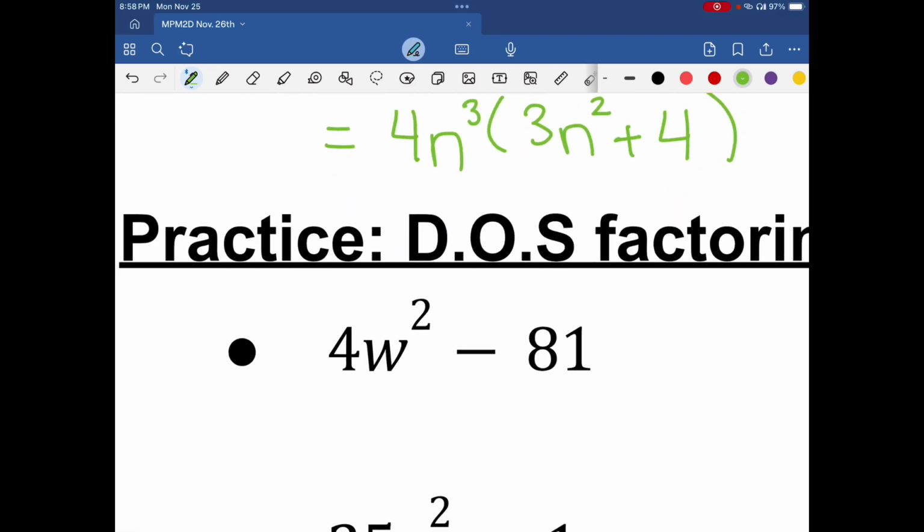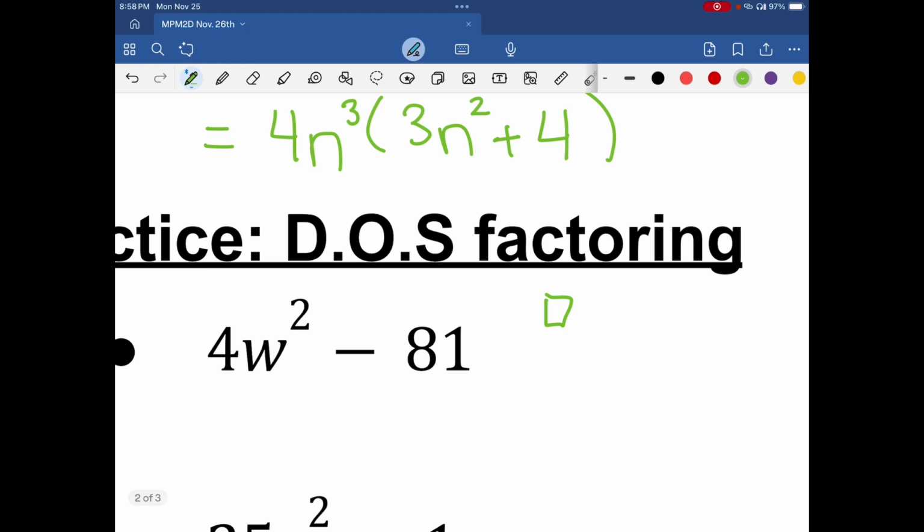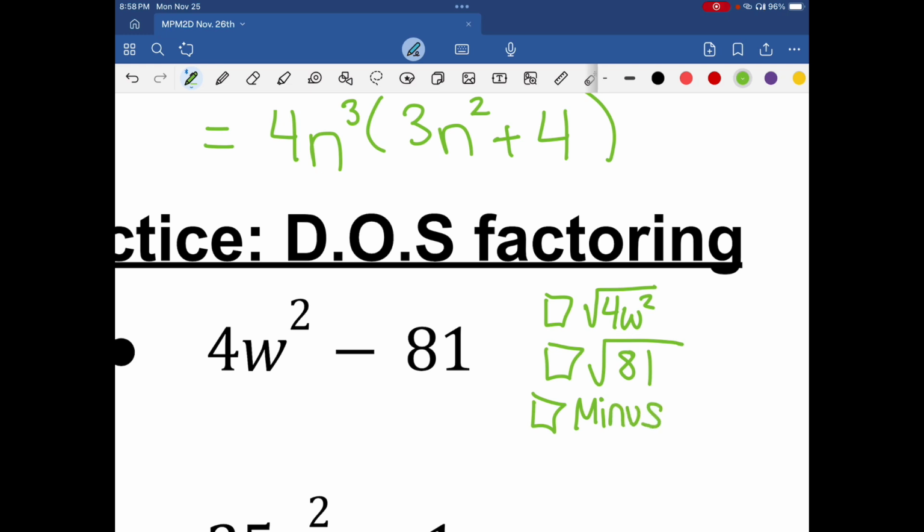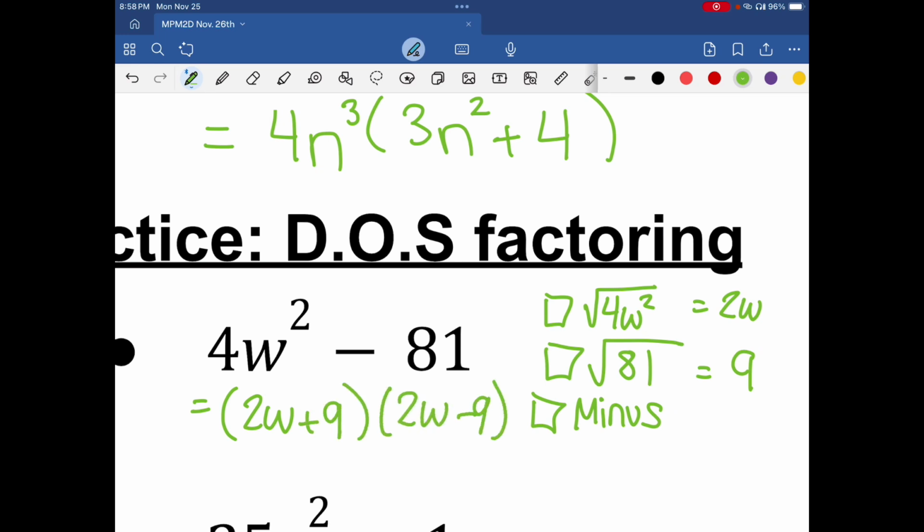Okay. And we have difference of squares factoring. We have to see if we can square root the first term, square root the second term, ignoring the minus sign. 2w plus 9 in one bracket and 2w minus 9 in the second bracket, and done.